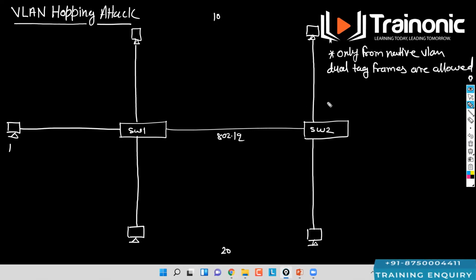Only from native VLAN, dual tag frames are allowed.